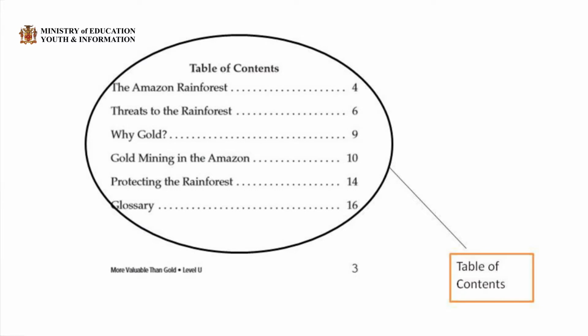So the first thing we have here is the table of contents. Now, boys and girls, I'm sure you'd have met the table of contents in your language arts lessons at school. Can you remind me, what is the purpose of the table of contents?